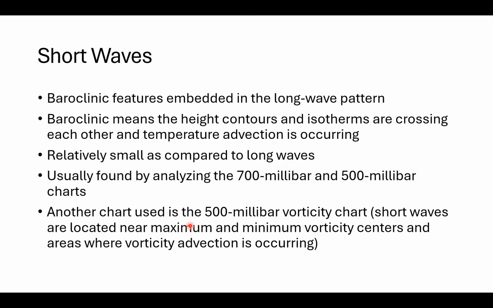Another chart we can identify short waves on is the 500 millibar vorticity chart. Short waves are going to be located near maximum and minimum vorticity centers, the X and the N. Remember, we talked about that in my previous training video about vorticity, where vorticity maximums are represented by the letter X, usually in red, and vorticity minimum areas are located by the letter N, typically in blue.